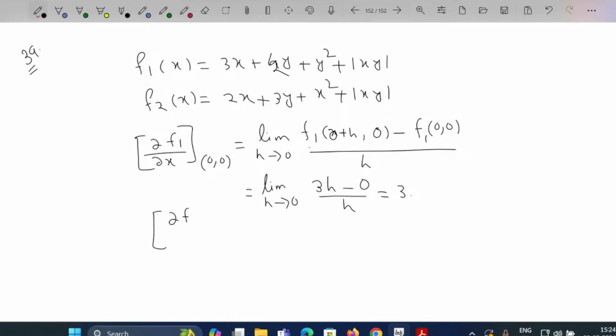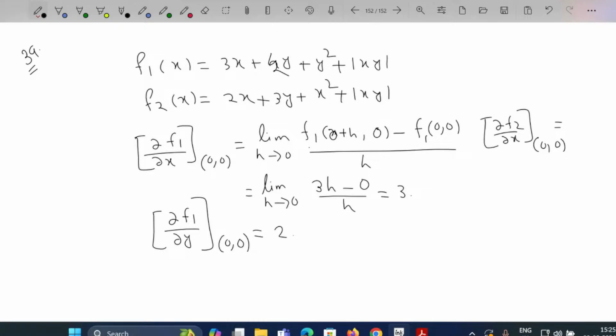What about the partial derivative of f1 with respect to y at the point (0, 0)? Yes, it will be 2. And del f2 by del x at the point (0, 0) will be 2 again.